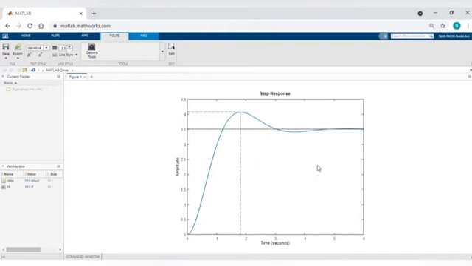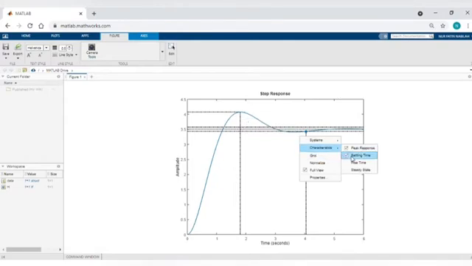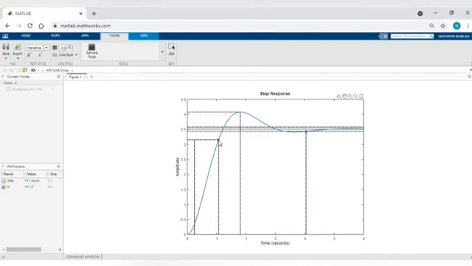We can also get the settling time, which is 4.04, and we can get the rise time, 0.82, and from this graph we also can get the steady state, which is 3.5.